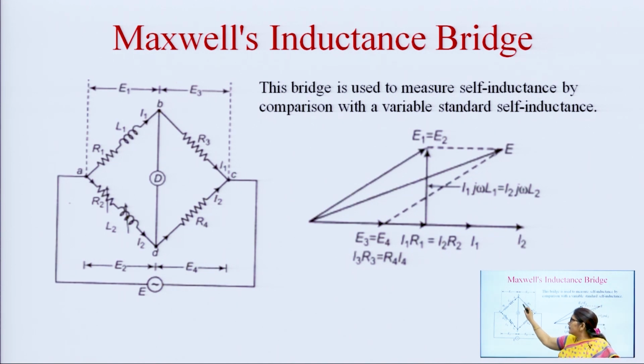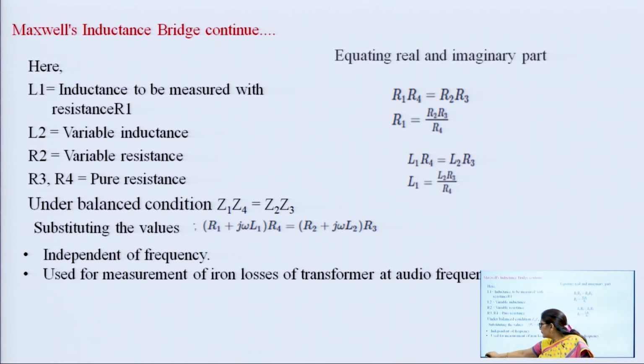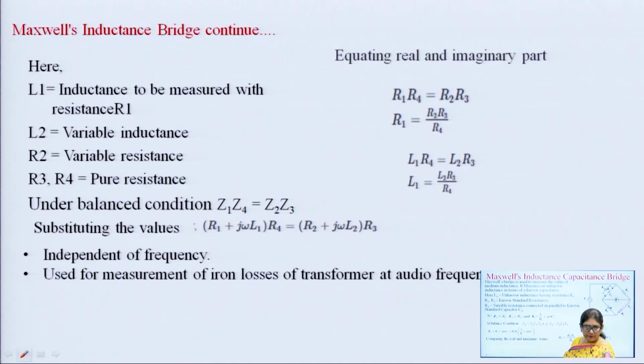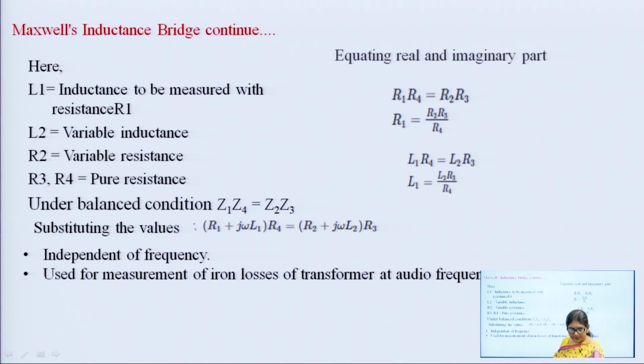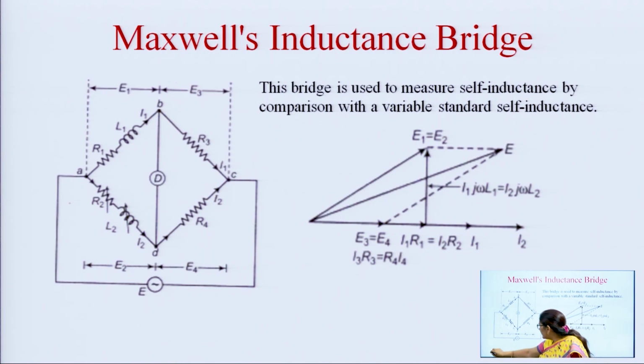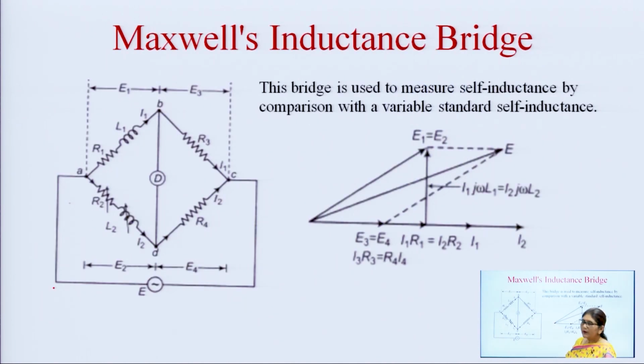So there is no current through the detector, and the whole current I1 will flow through this arm. So I1 is equal to I3, and I2 is equal to I4. The same current is flowing.